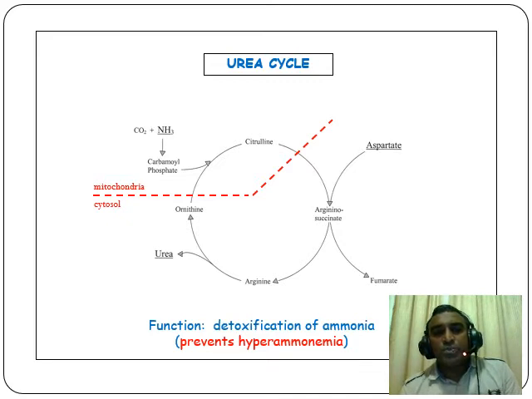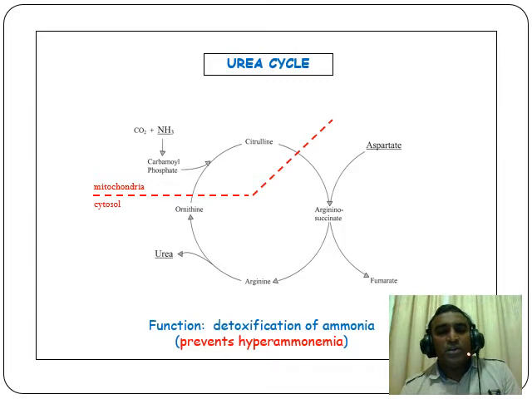Just to briefly describe it, you have the bicarbonate ion, the carbon part of which is reacted with the free ammonia to become carbonyl phosphate by one single enzyme having three active sites that cause three steps to be done, to produce at the end carbonyl phosphate. The carbonyl phosphate will react with ornithine to form citrulline.